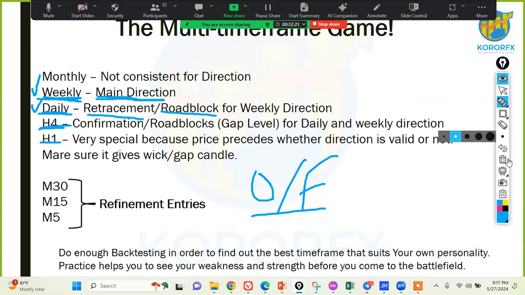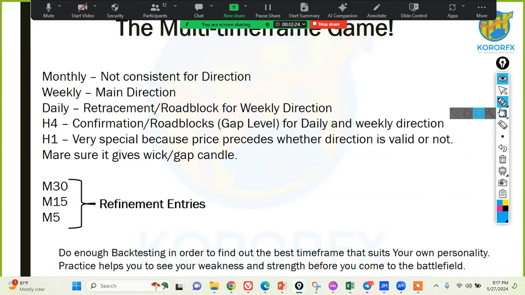So if, for example, let us go back to the market structure. For example, we have a weekly bullish STL storyline, and we have, for example, a daily roadblock or RB.